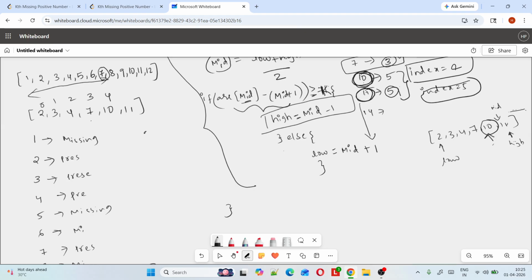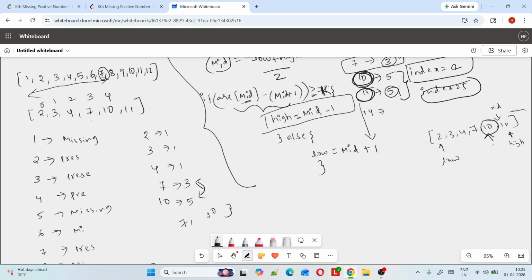Now 2, 3, 4, 7, 10: one missing number, one missing number, one missing number, but here 5 missing numbers. Can I say my answer will lie in between these two? Yes, right? It will lie in between this 7 and 10.